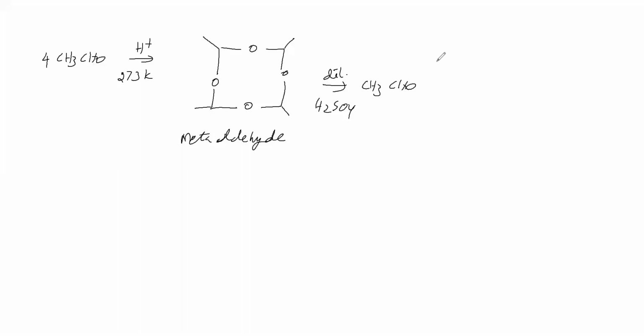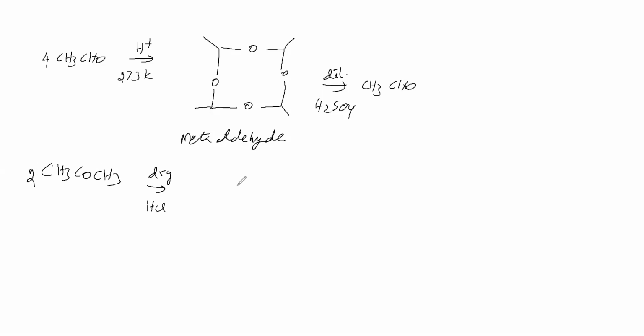Now this is about polymerization of aldehyde. Next we will see polymerization of ketone. We will take acetone. This goes for polymerization in the presence of dry HCl. What product we will get?